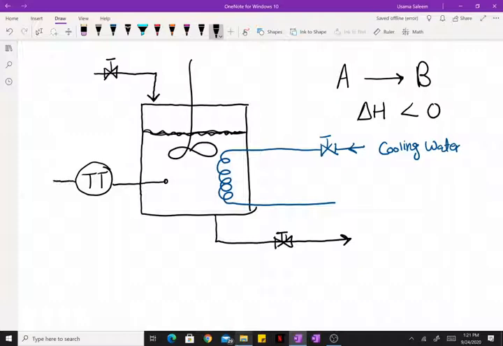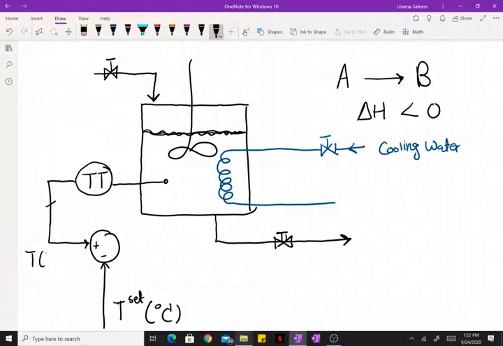Now this measurement needs to be compared with our desired value, our set temperature. T is our actual temperature of the process, and T set is the temperature where we want to maintain it.